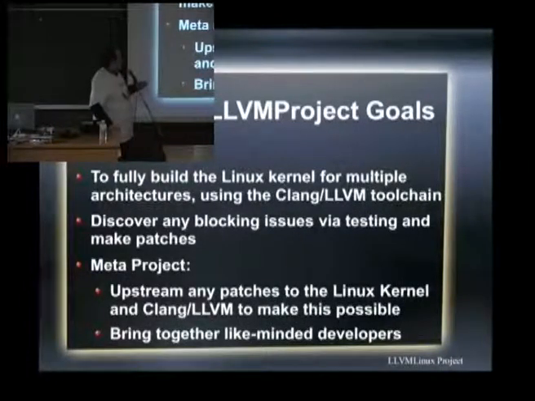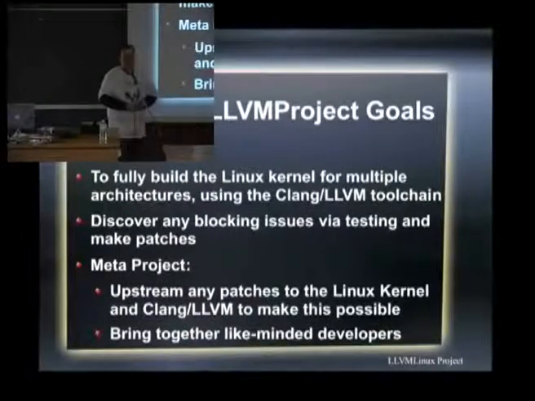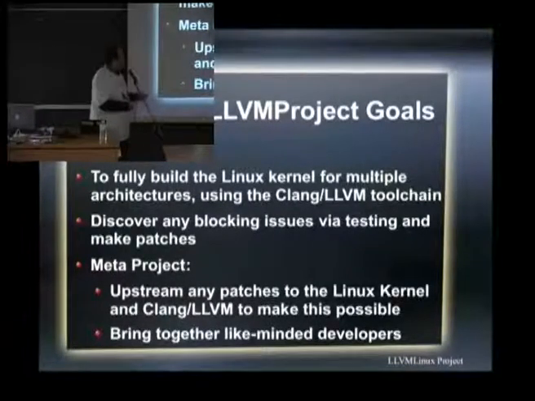So what we want to do is enable building the kernel with Clang. Currently we reach that on ARM and x86. We are looking into MIPS, but that doesn't have a lot of traction right now. Now, the goal of the project is also to find anything that's kind of a blocker.